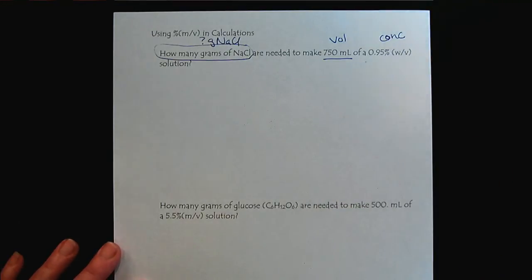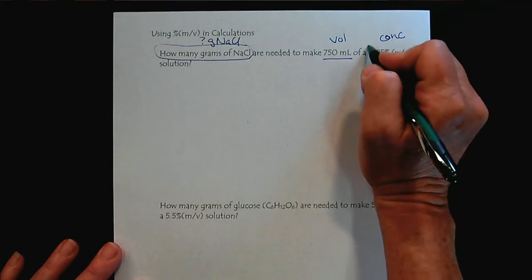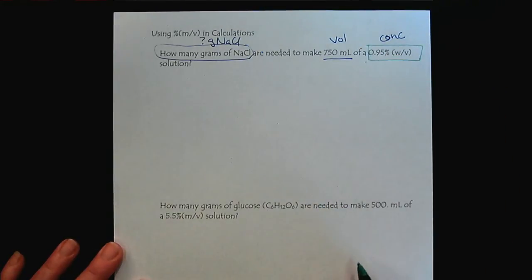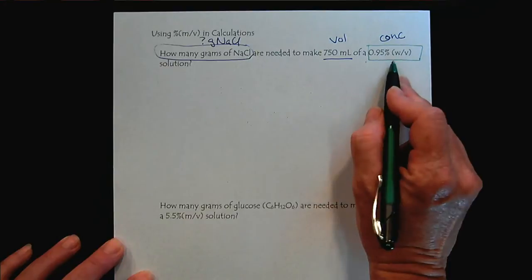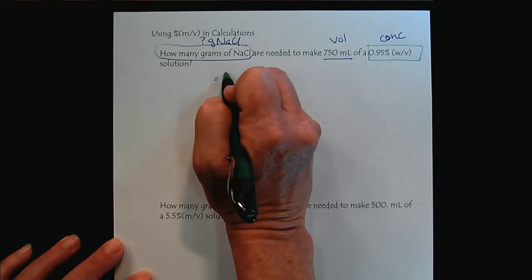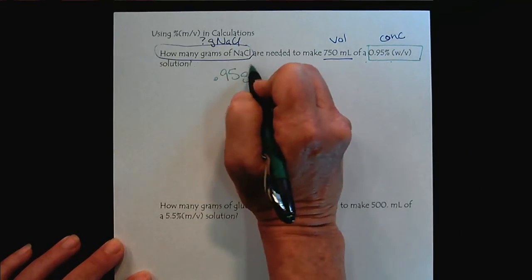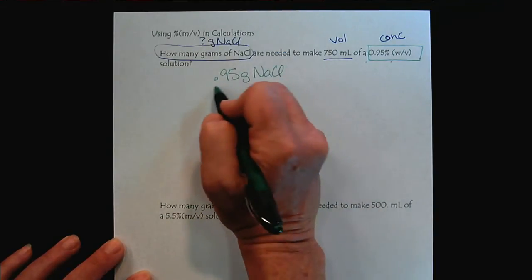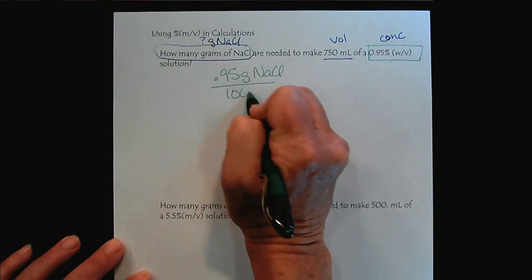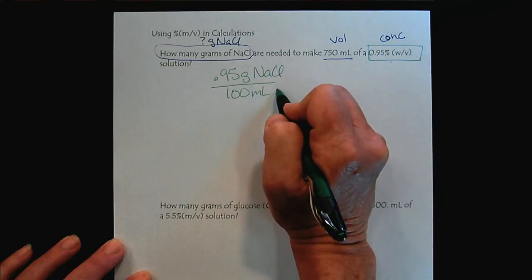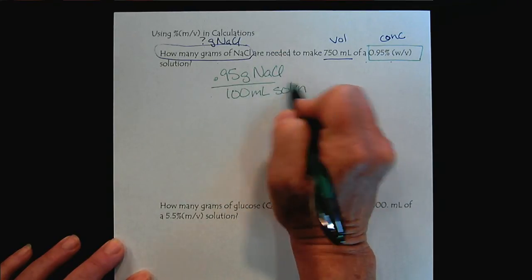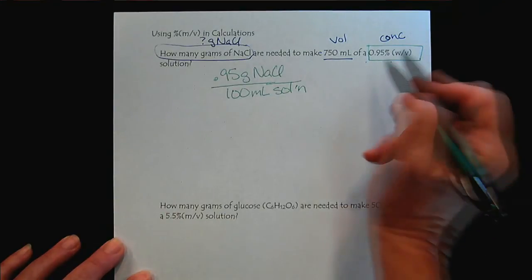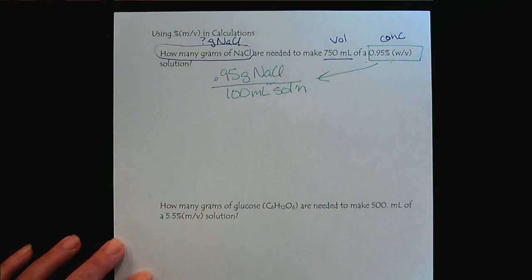So the key here is to make sure that we understand how to use this concentration information. This is telling us that there's 0.95 grams of our solute, sodium chloride, in every 100 milliliters of the solution. So this is the key piece that's going to help us solve this question.